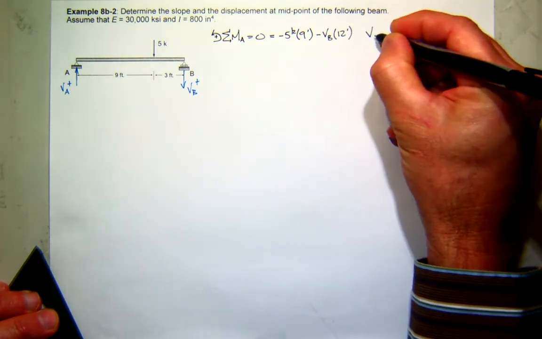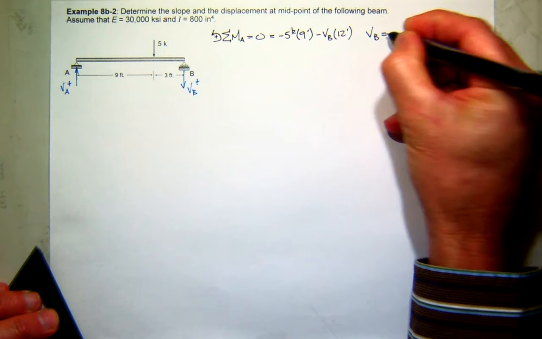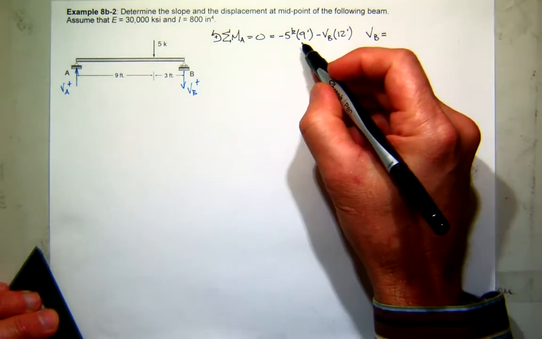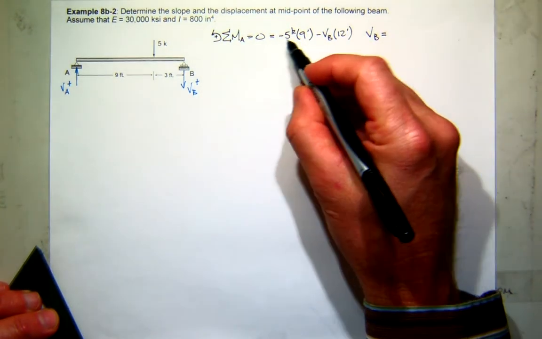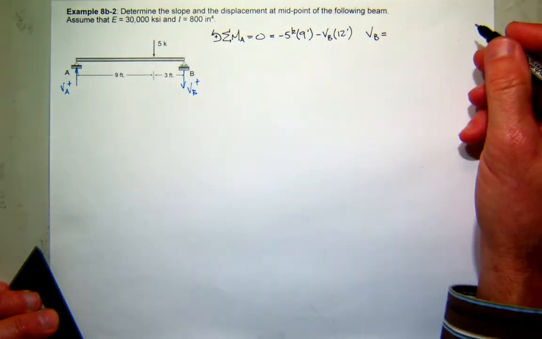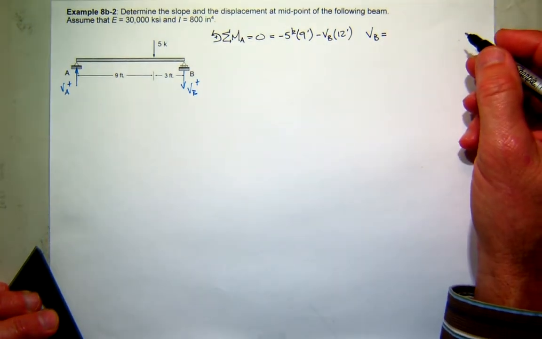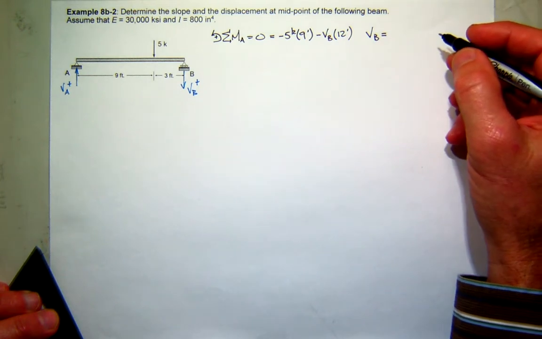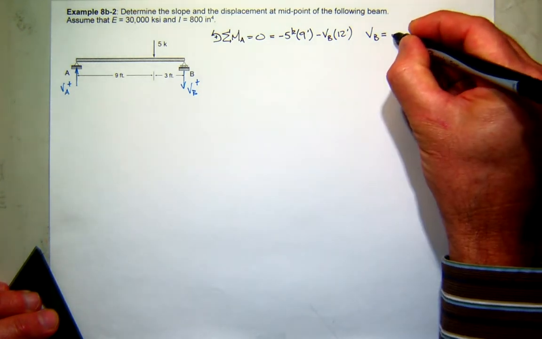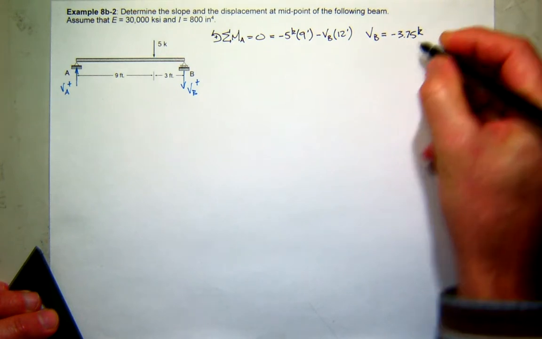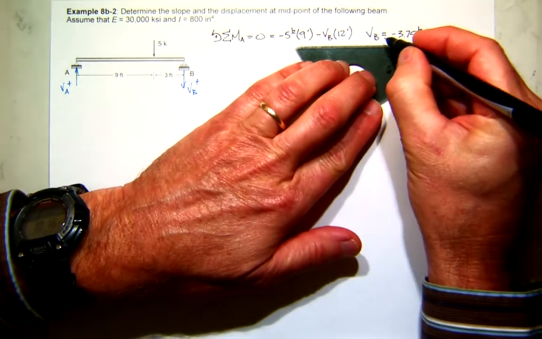So what is the shear at B? That looks like 45 divided by 12. I need a calculator. Somebody with a calculator help me out. 3.75. And that would be negative. So the shear at B is negative 3.75.